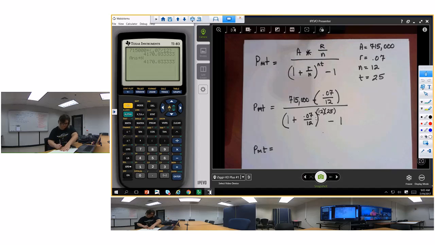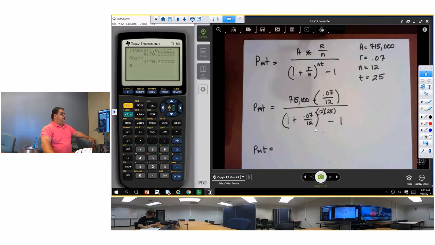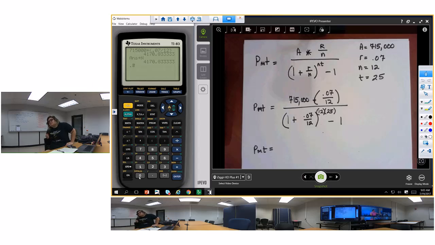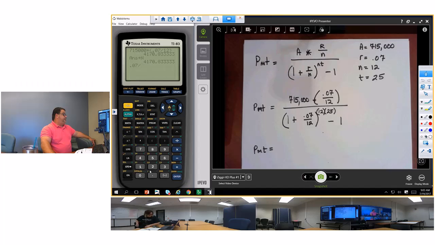And now the bottom, and we're not going to use 15, we're going to use 25 because theirs is wrong. So 0.07 divided by 12, plus 1, raised to the 300th power, minus 1.